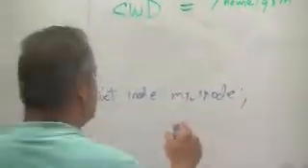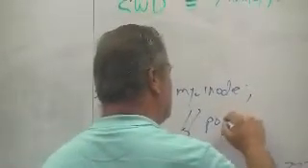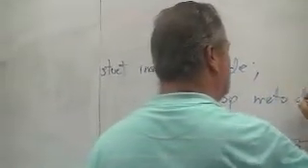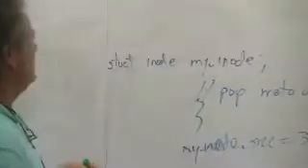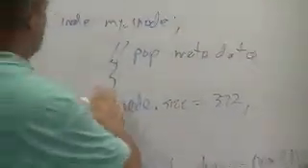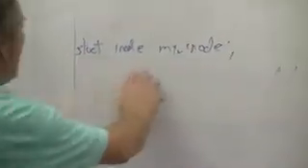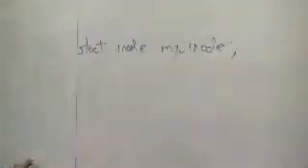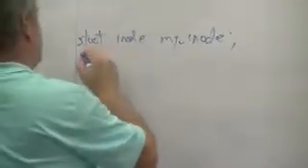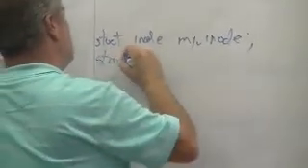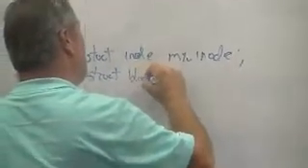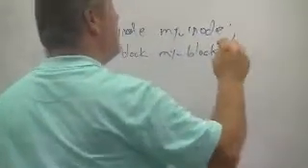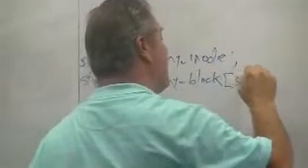So here, what's the comment here? Populate metadata. Right? So let me be a little less sloppy here. I've got a struct inode, my inode, and I've got a struct block, my block, and I'm going to make it 5.